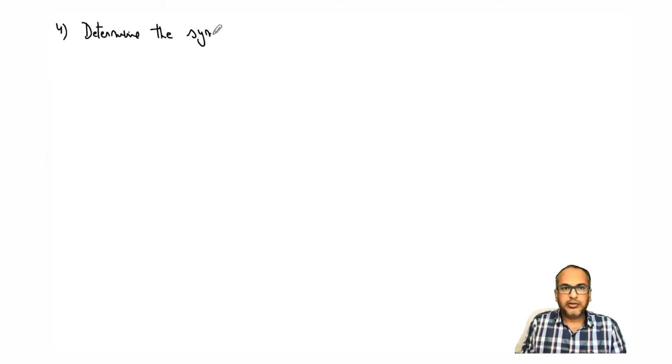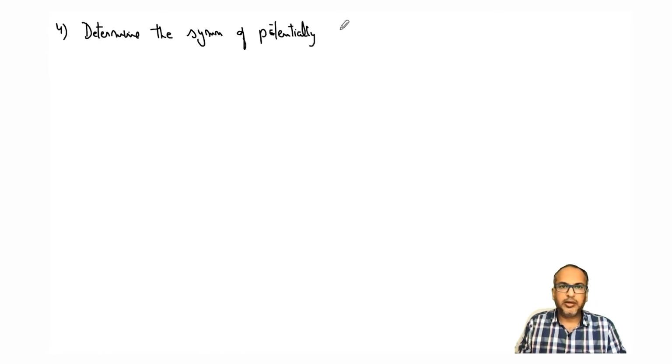Now the fourth step is to determine the symmetry of potentially bonding atomic orbitals on the central atom.